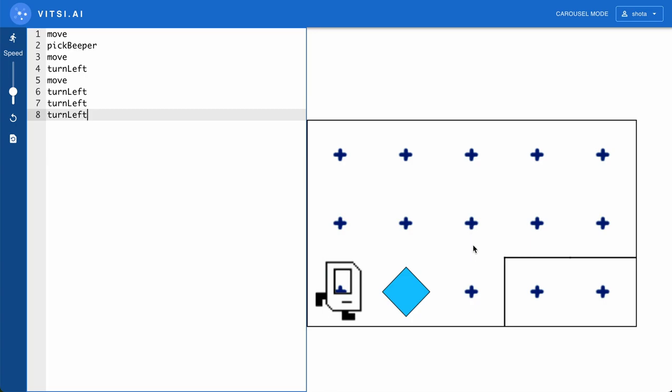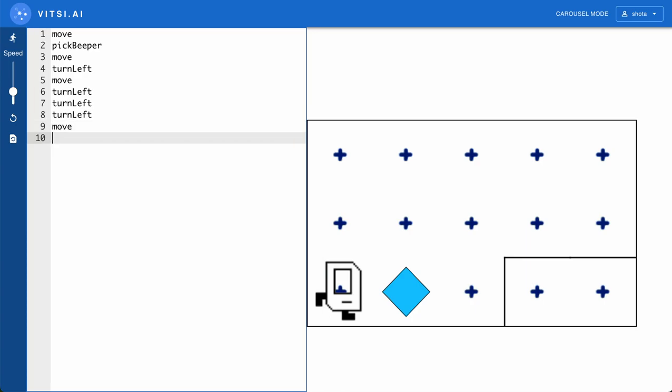Then will be facing this direction, and at the end Karel will be facing east, which means it's basically turning right. Then we could move. Then we could put beeper and move again. So Karel will land at coordinates 5, 2.